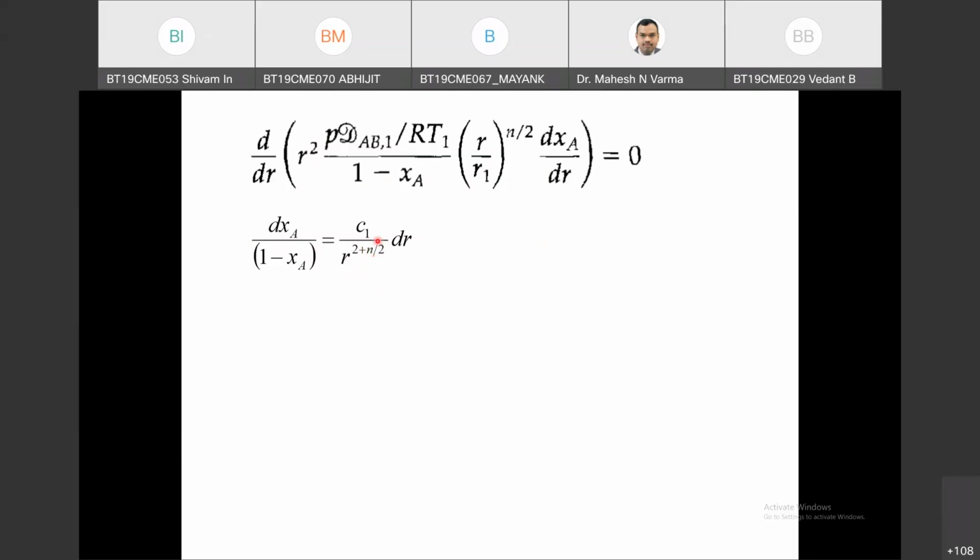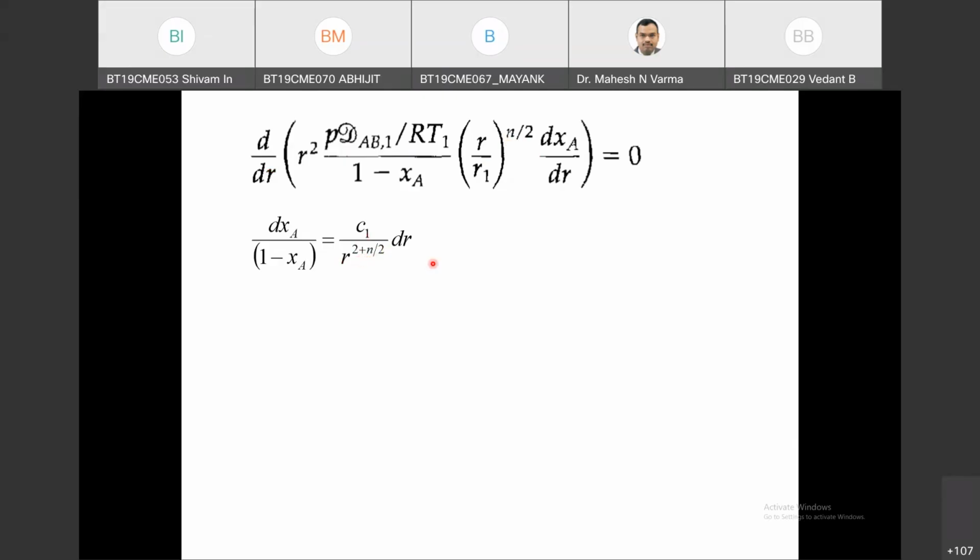This is not just N by 2, it is N by 2 plus 2. You can take out this constant, and this will be equal to C1 times R square, 1 minus XA, R raised to N by 2. So R square plus R raised to N by 2 will be N by 2 plus 2, so this will be C1 divided by R.